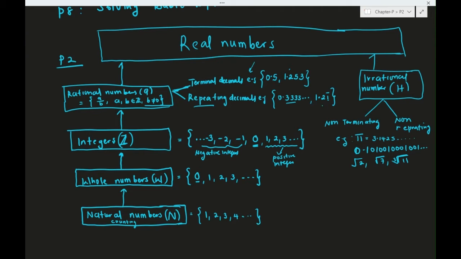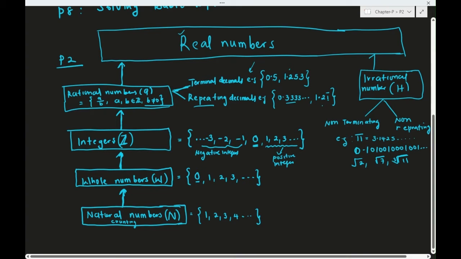So just to conclude this part, you see that every natural number, that is why we have this arrow going up, right? It's true that every natural number is a whole number. And every whole number is an integer. And every integer is a rational number. And every rational number is a real number.